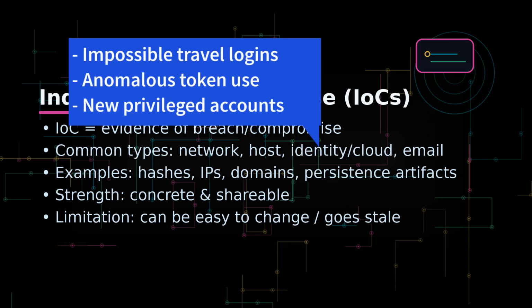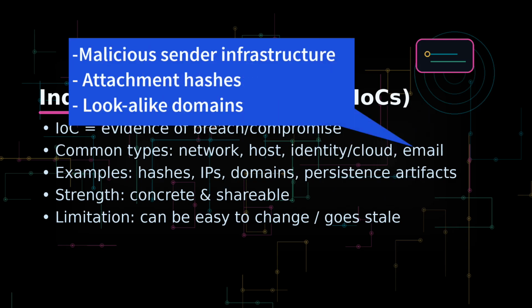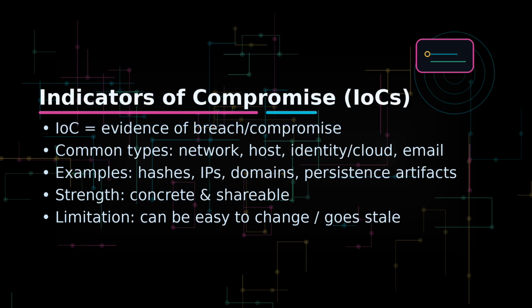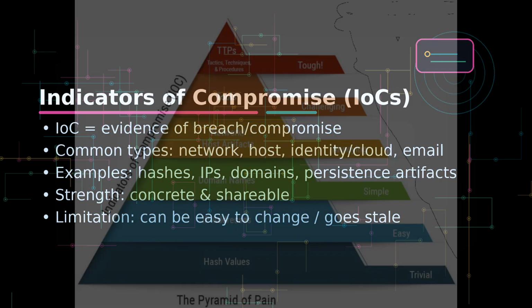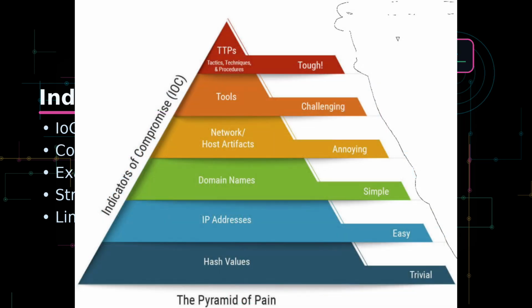Identity and cloud artifacts: impossible travel logins, anomalous token use, or new privileged accounts. Email artifacts: malicious sender infrastructure, attachment hashes, or lookalike domains. IoCs are concrete and easy to share and block. However, many IoCs are low on the pyramid of pain. Attackers can rotate hashes, IPs, and domains quickly, so IoCs can go stale unless they're refreshed and contextualized.